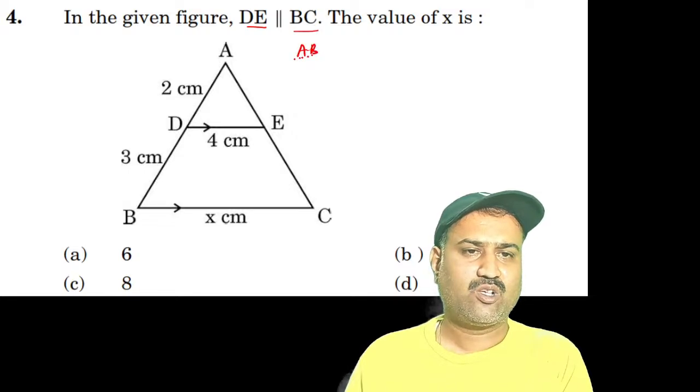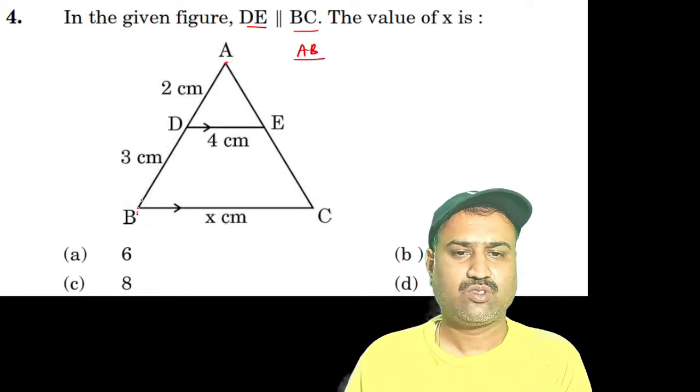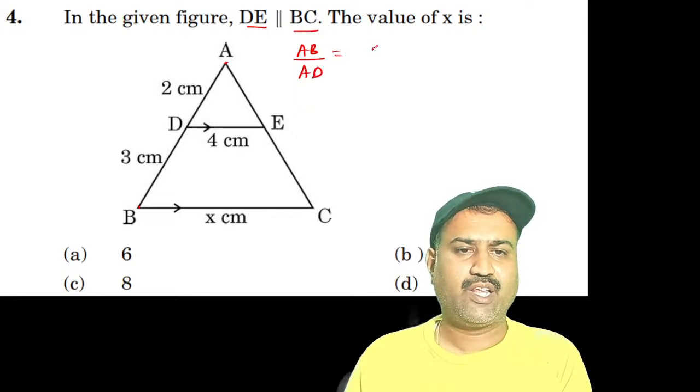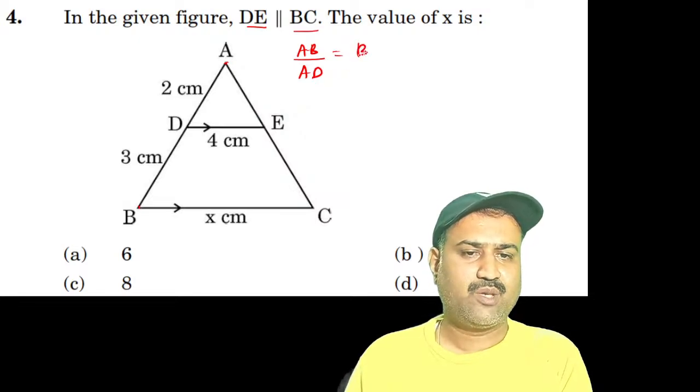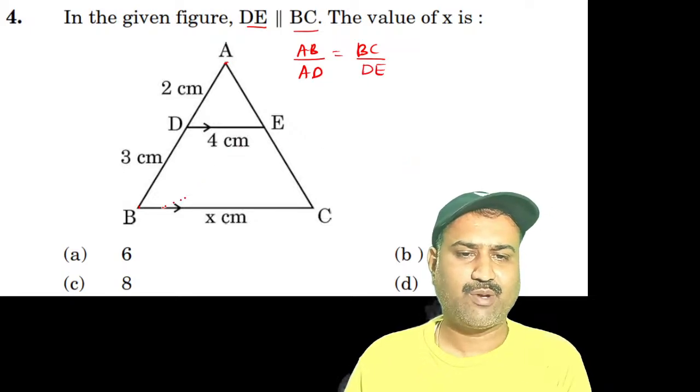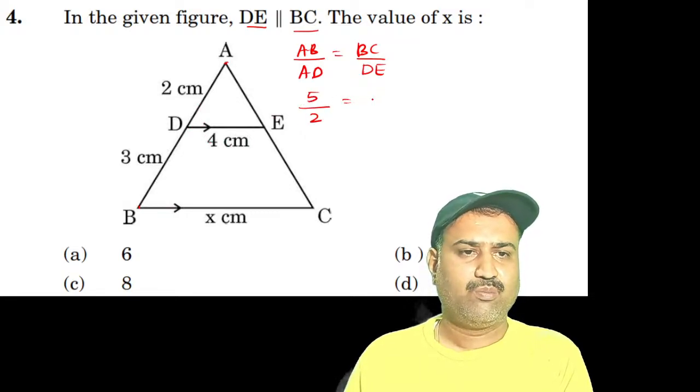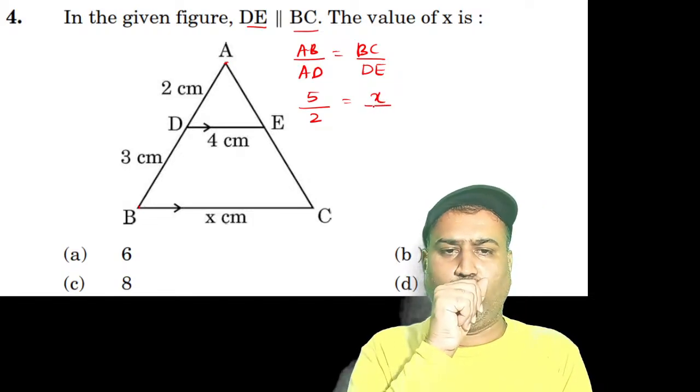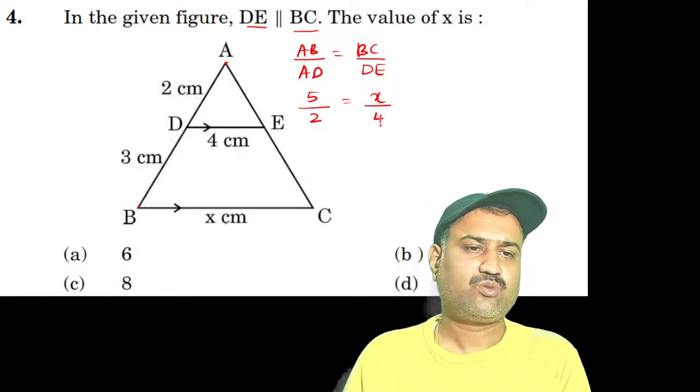AB by AD is equal to BC by DE, right? Because ultimately I have to find BC here. AB is 2 plus 3, that is 5, and AD is 2 centimeter here. BC is x and DE is 4, right?